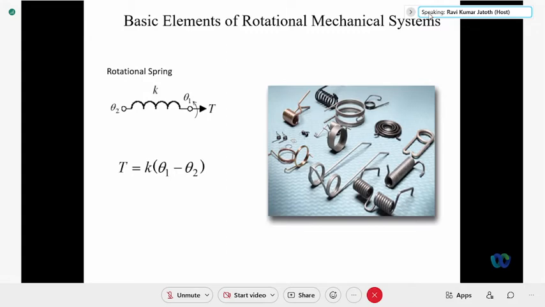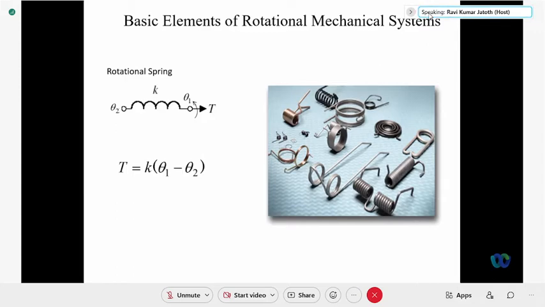Similar to the terms which we defined, the basic three elements for modeling mechanical systems are mass, spring, and dashpot. Similarly, in rotational systems we define displacement as angular displacement. In translation, displacement is along a straight line, but here it is along an axis.